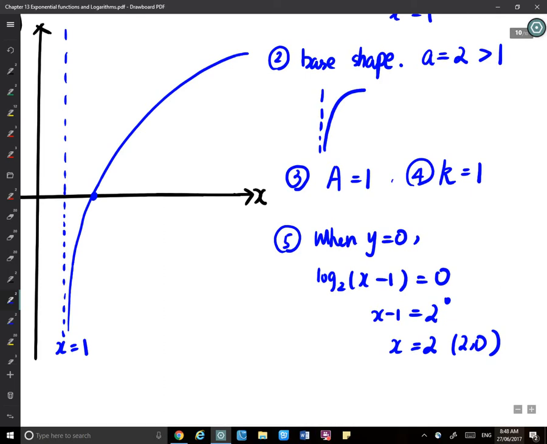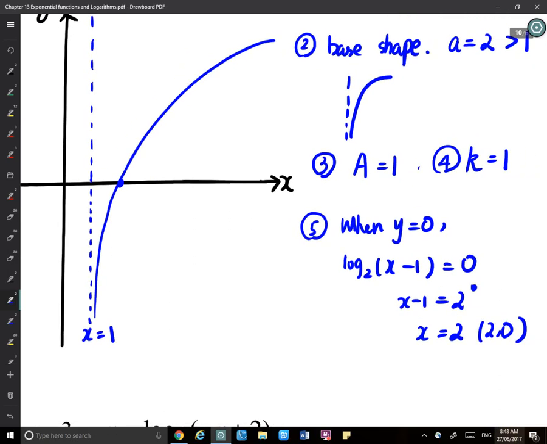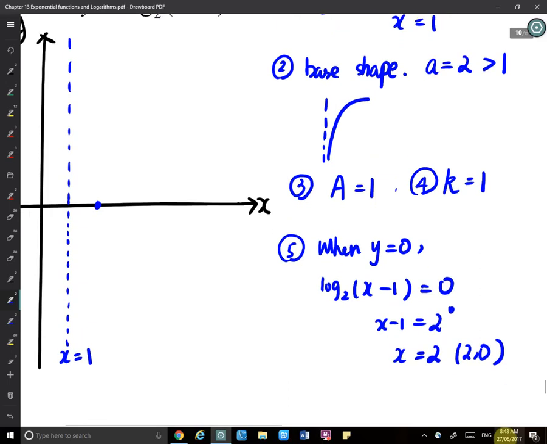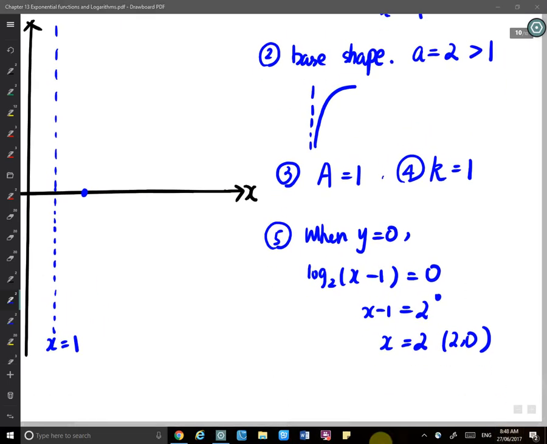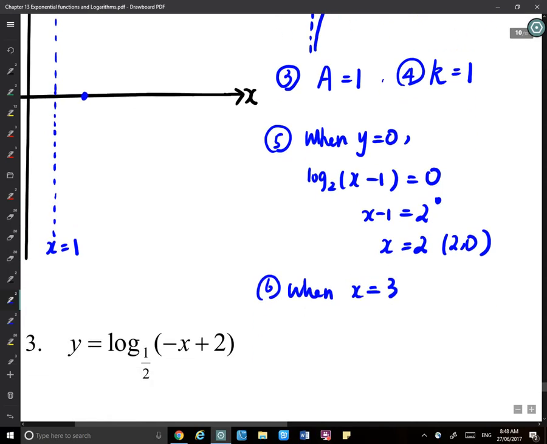Will there be a y-intercept? No, no y-intercept because it's this side of the asymptote. So I need to find any other point. What x value may you choose? 3. Okay, yep. So when x equals to 3, because 3 minus 1 gives you 2, y equals to log 2 of (3 minus 1), which is log 2 of 2, which will give you 1.